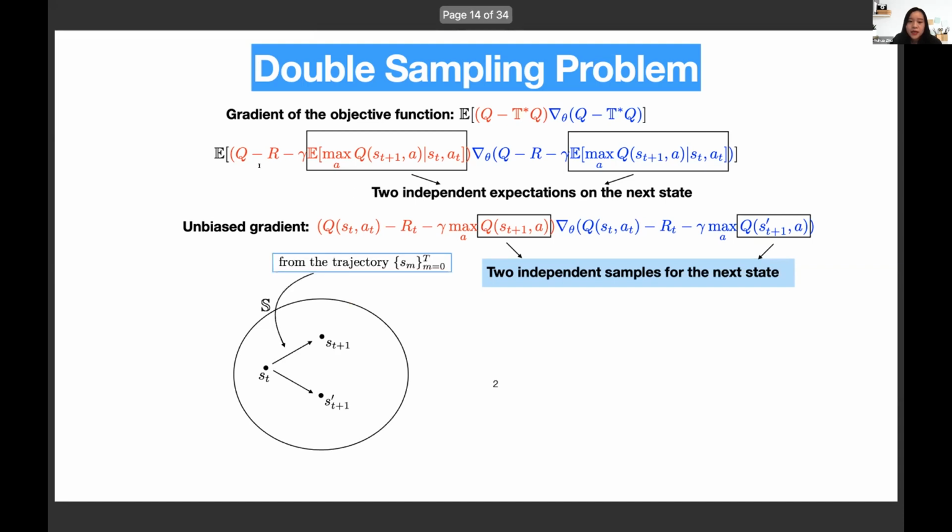Why? Because for the first sample, we can easily get it from the trajectory. However, for the second sample, it's usually unavailable because remember, we are in a continuous state space. So it's hard for the trajectory to go back again to the same state and generate an independent sample again.